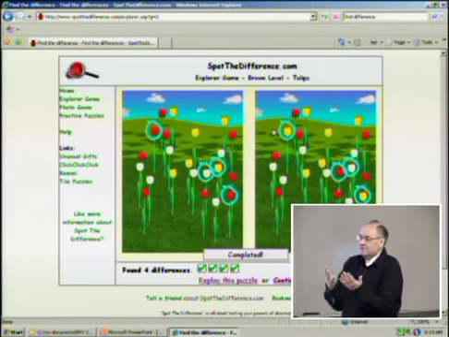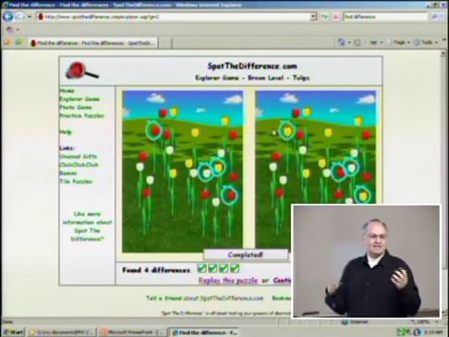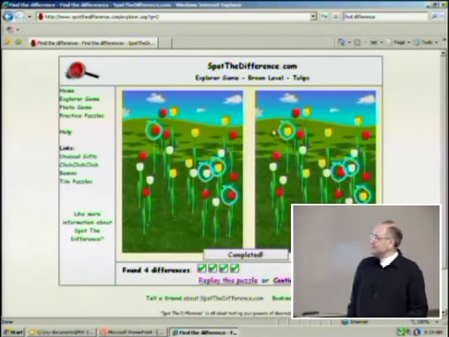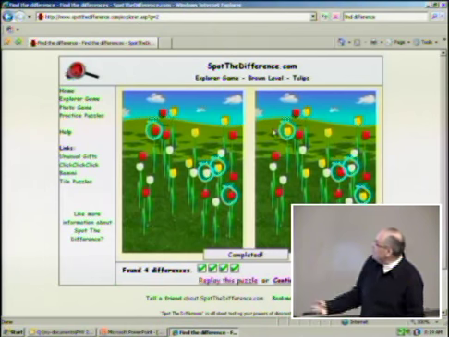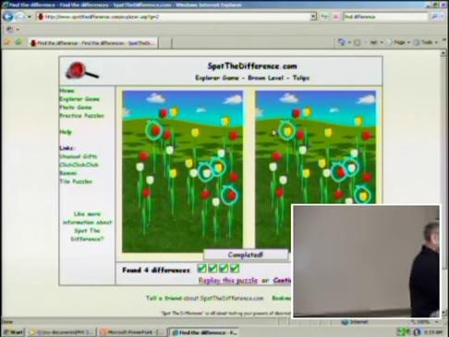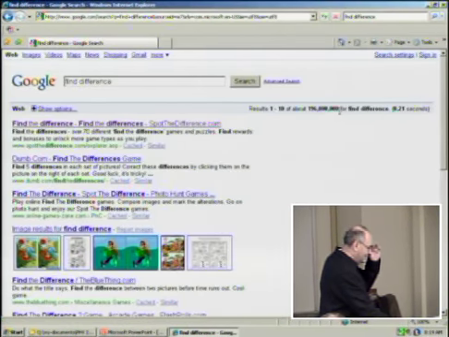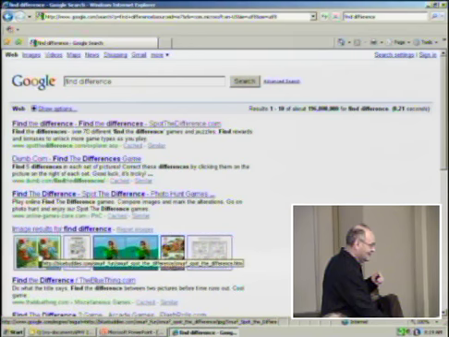So those objects which are different, they blink, and that way I see the difference. Actually, I can't. Oh, how about let's take a look at this one.